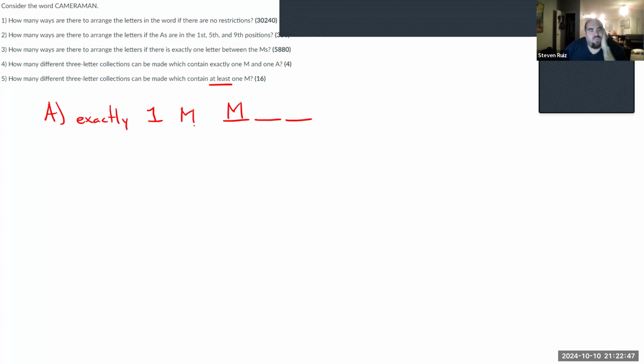If we're using exactly 1 M, I don't want to use another one. So let's write down here's my letter bag, basically. What letters can I choose? I can choose C, I can choose A, I can choose E, I can choose R, I can choose the other A.